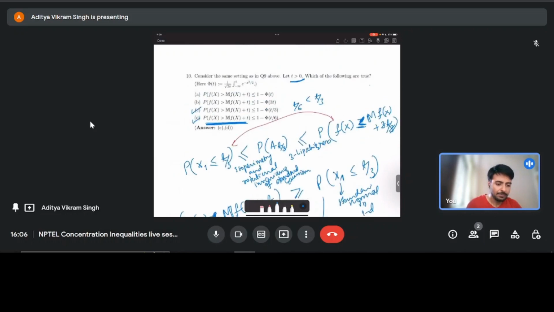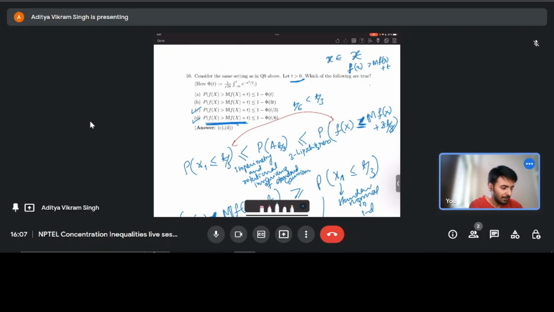So what is allowing us to go from arguing about the function to arguing about the domain? x belongs to this script X, and we are arguing about things like f(x) greater than the median of f(x) plus t, so we are arguing in the f domain.